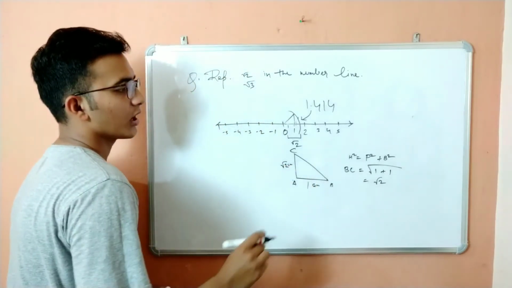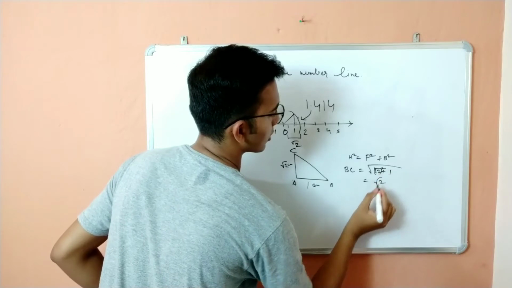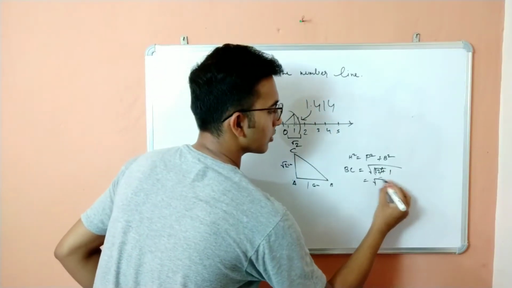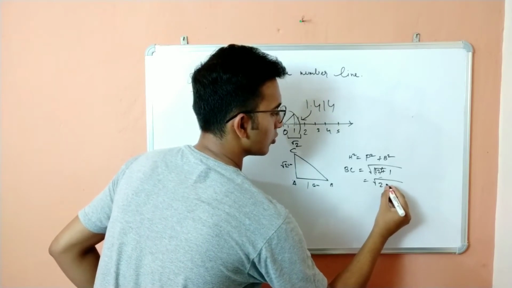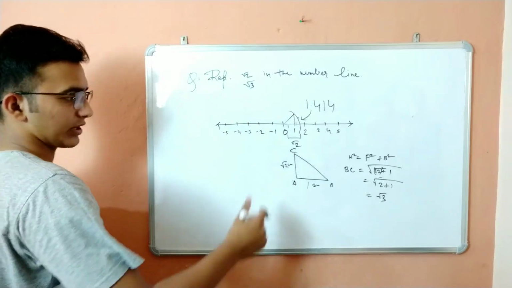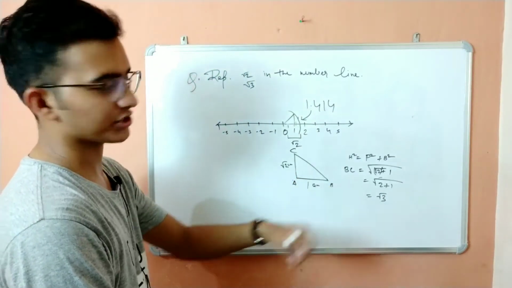This is root 2. What will I get over here? Root 2 whole square, which will give me ultimately 2 plus 1, root 3, isn't it? You can see, solve it by your own and then match the values if it's matching over here.